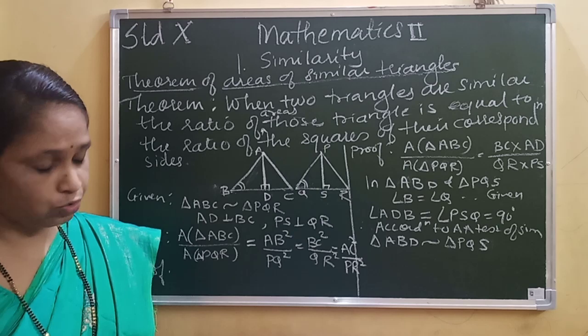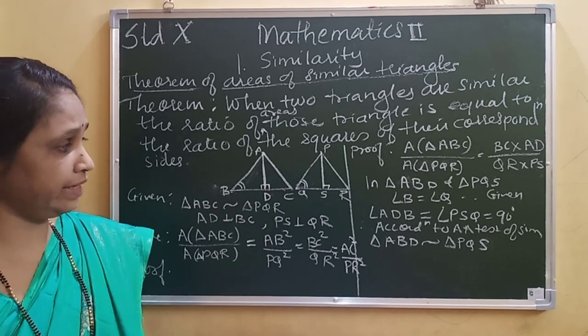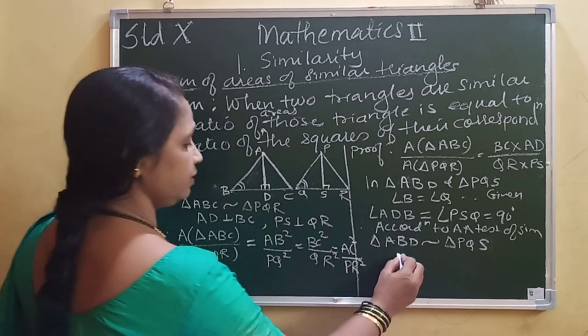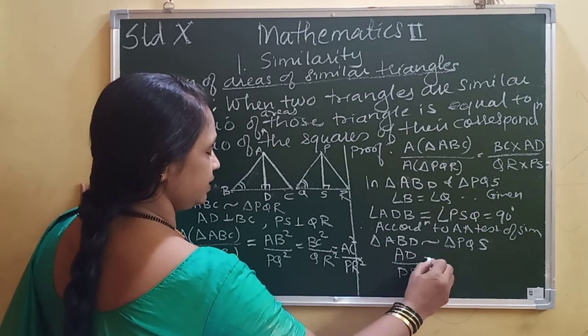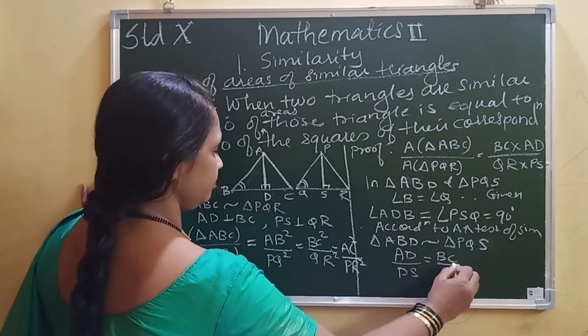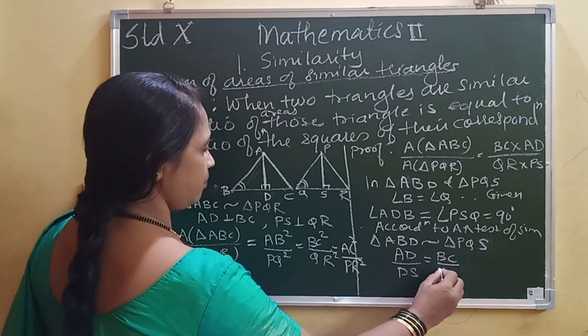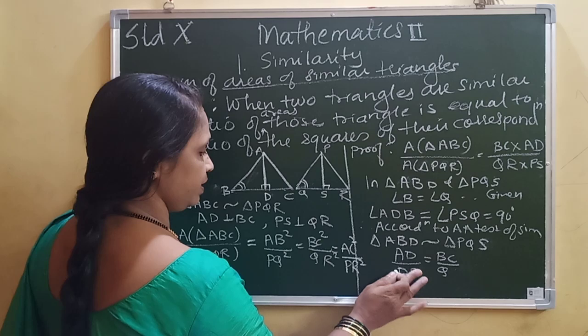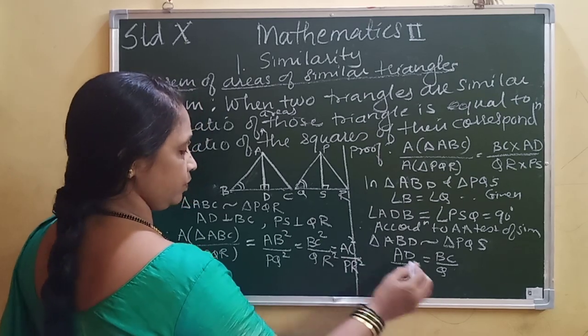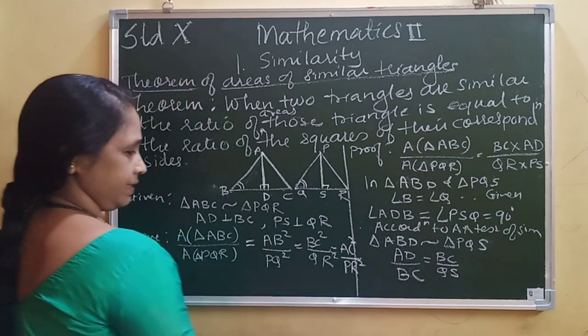Now, as these two triangles are similar, we can take the ratio of their corresponding sides. That means AD upon PS is equal to BC upon QS.